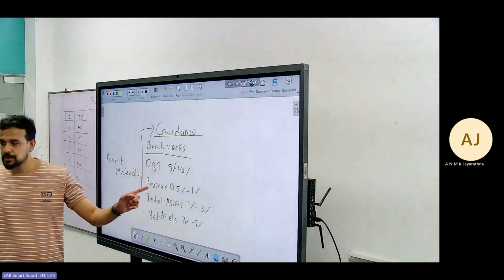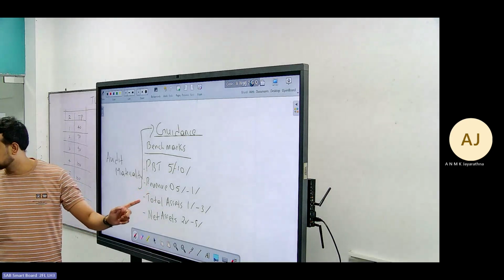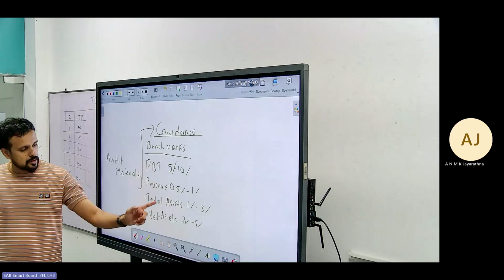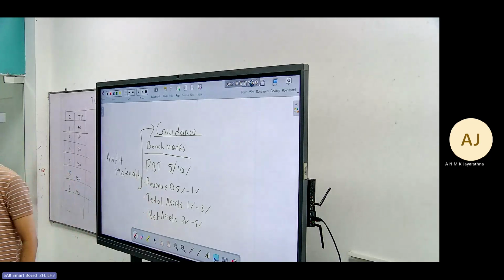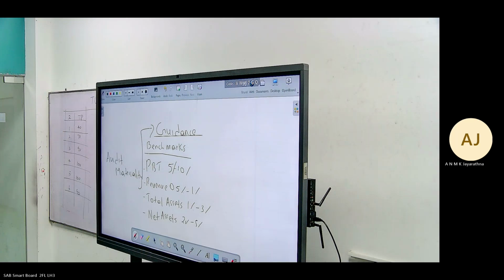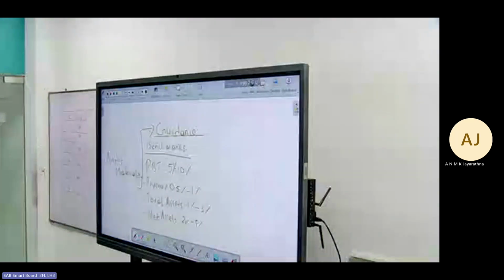If you take revenue, you should tell why you have taken revenue. If you take total assets, why you have taken total assets. So you must be able to justify it. Clear? Not only this judgment, any judgment taken by the auditor must be justified. If we cannot justify, and if we have a question to justify, then there is a problem. Clear?